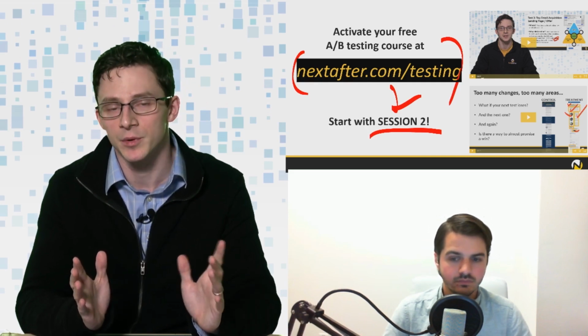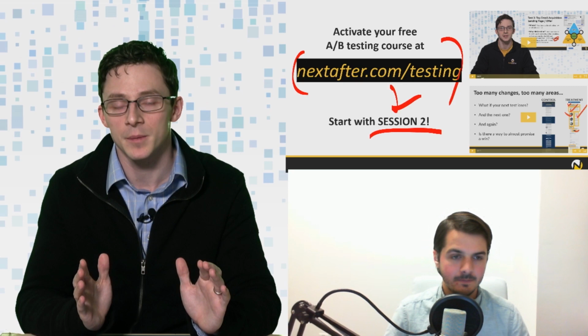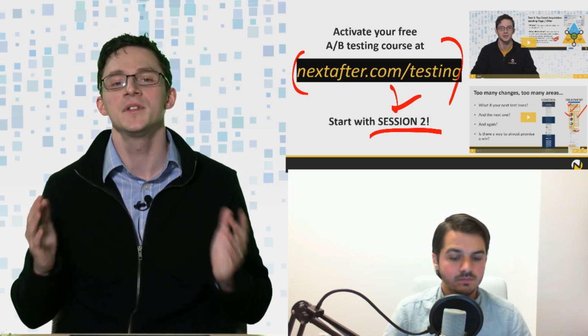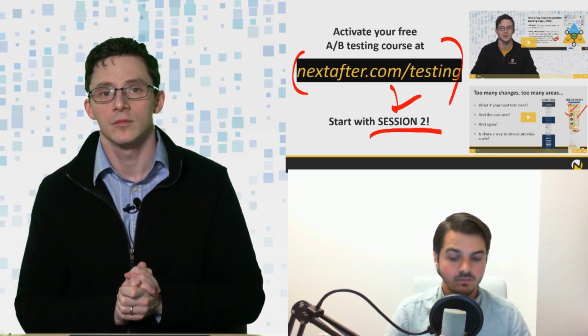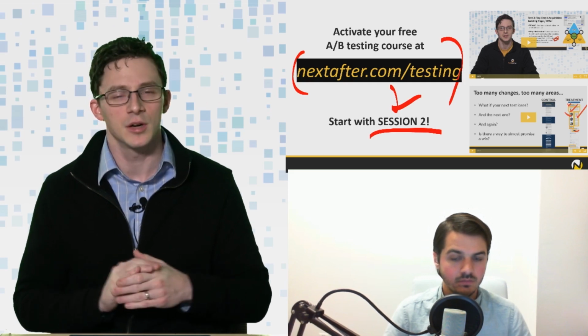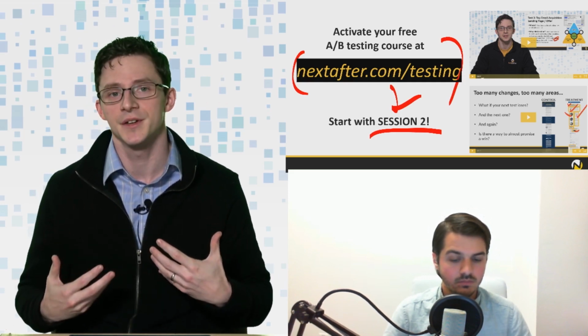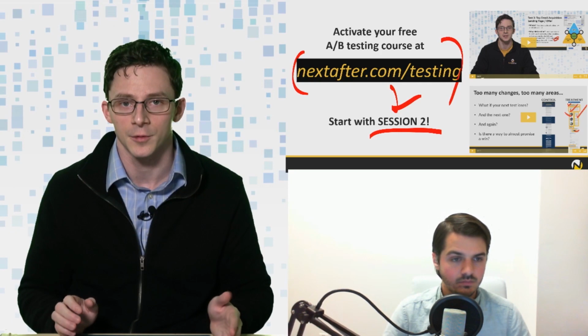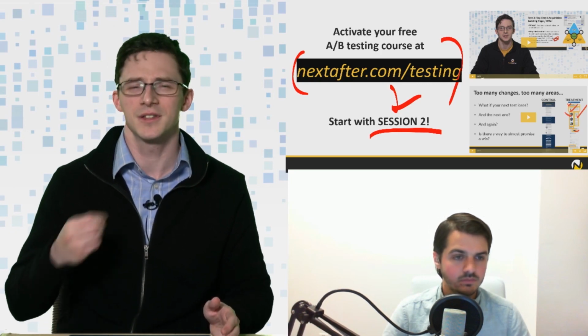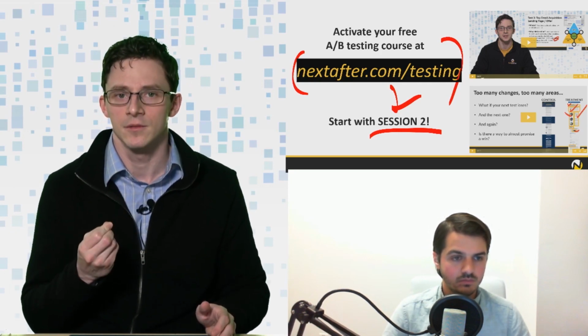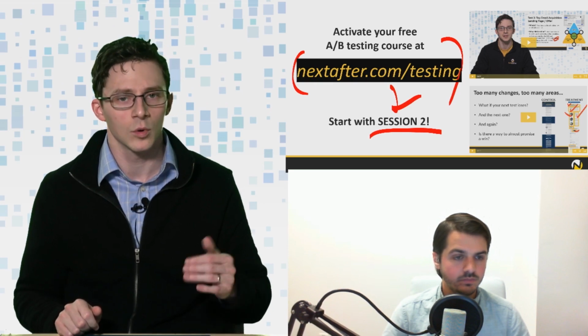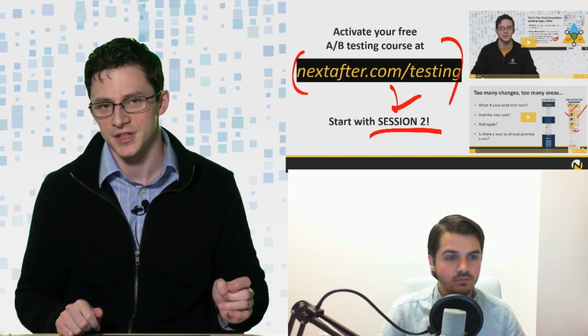But with a list that size, I think you're better off trying to find the common denominators within that list. Especially with small sample sizes, we're limited, but there's still a lot that you can learn. It just forces you to think a little bit differently. We're working on a tool right now that will help you understand the kind of difference you can detect with a sample size of 1,500.